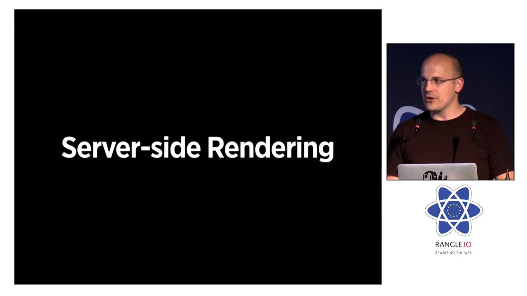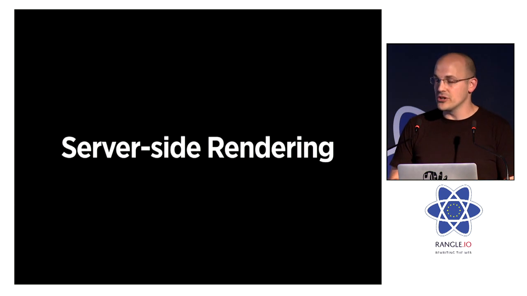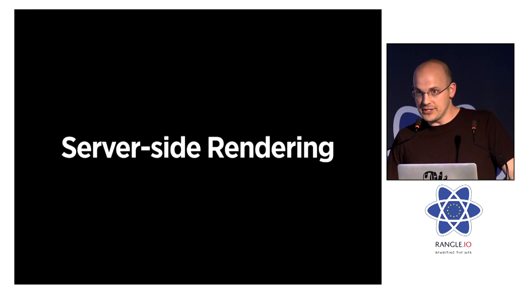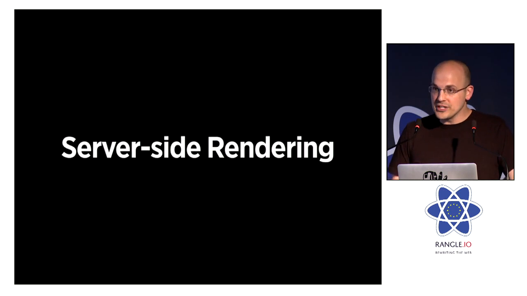Another way that the router, another segment, I guess, of our user base that's really going to benefit from the explicit versus implicit changes in the router are those of you who are doing server-side rendering. In fact, we're doing it ourselves quite a bit. And the 0.13 API really isn't very friendly for doing server-side rendering.